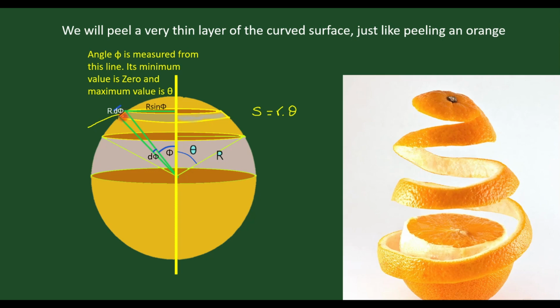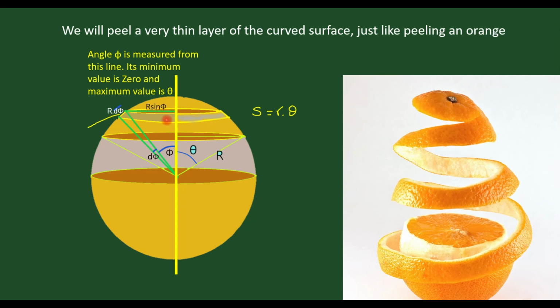Here we find that this arc has subtended angle d phi at the center. Hence, the length of the arc, which acts as the width of this belt, is r into d phi. So r into d phi is the width and the radius is r sin phi.